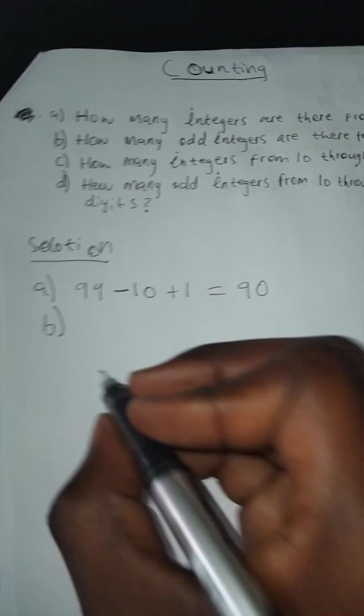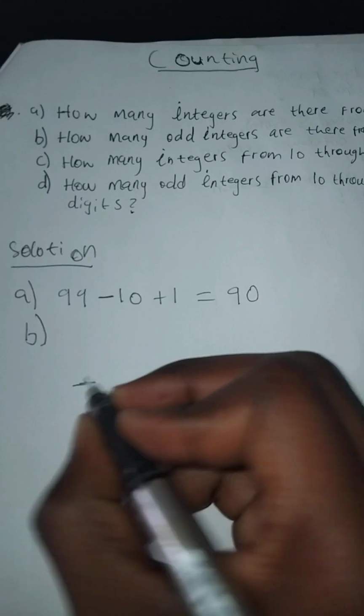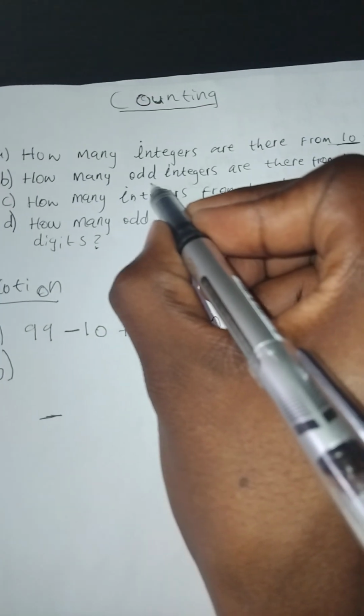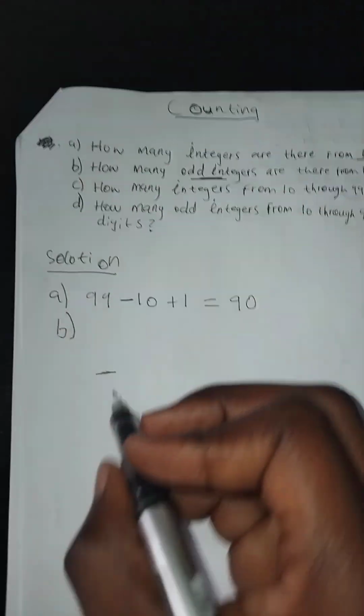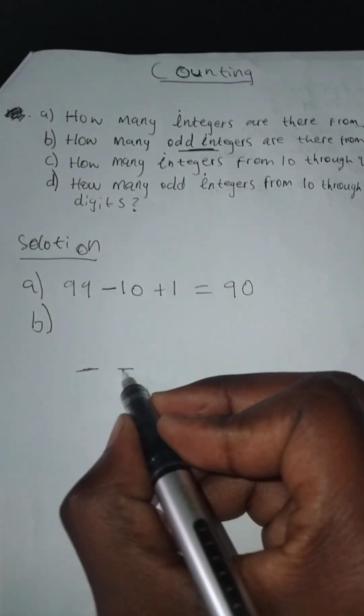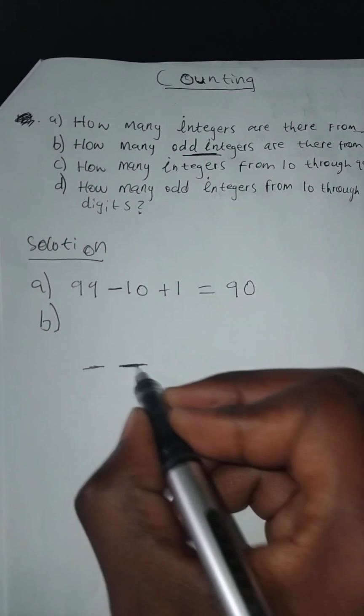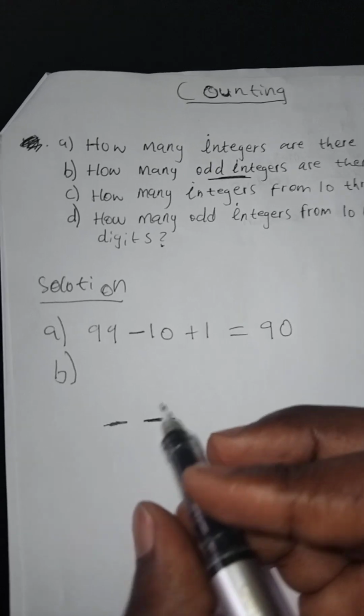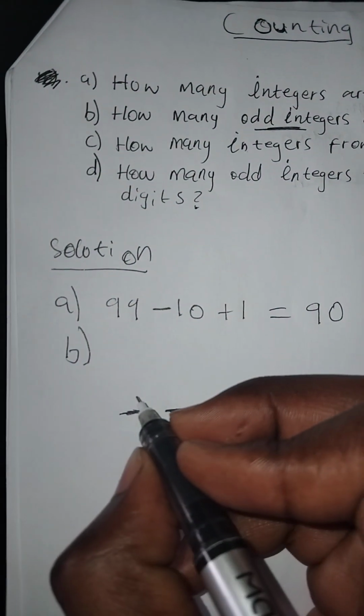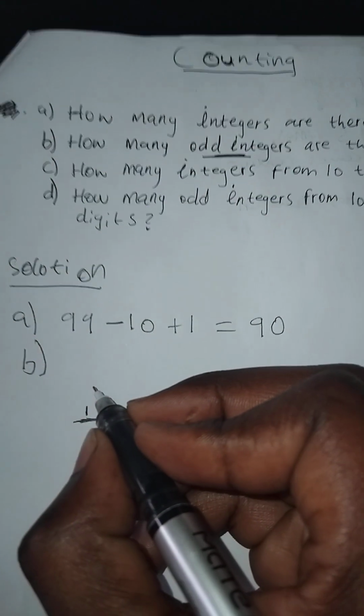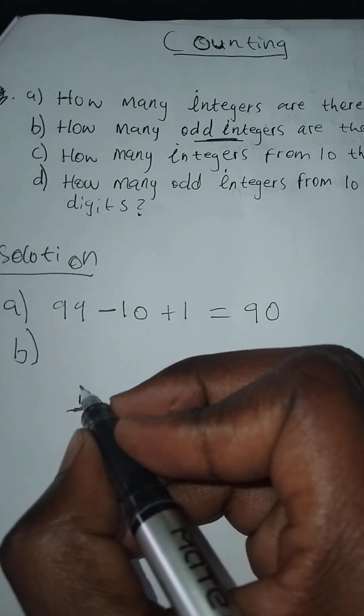Since they are looking for odd integers, we can say it's 2 digits. The first digit can be 1 up to 9.